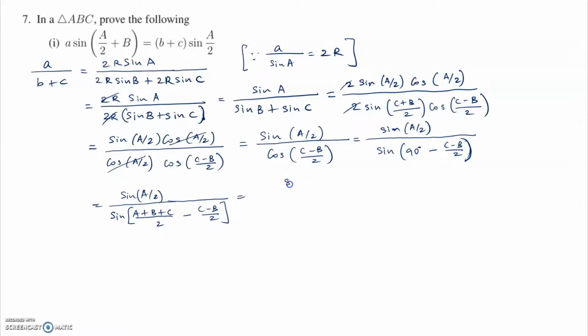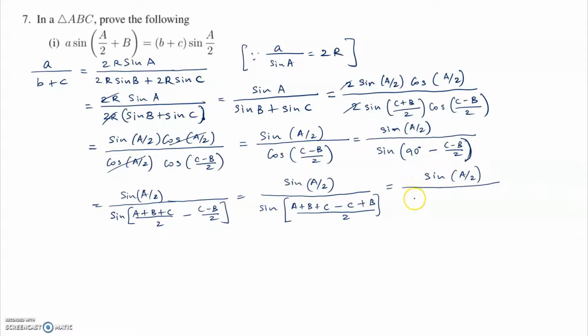So, keeping the numerator as it is, sin (A/2), and in the denominator, further simplifying this, this becomes sin ((A plus B plus C) minus (C minus B))/2, which is sin (A/2) in the numerator divided by sin, C and C will become cancelled.